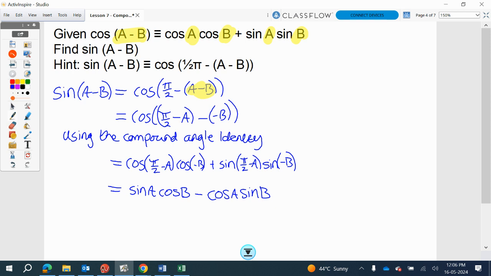So did we just expand cosine with cosine minus A? No. Here at this point, I move across the A. And then, as I say here, I'm using the compound angle identity. So I've got 2 angles. I've got this angle here and this angle here, and then I use the right side to move them across.